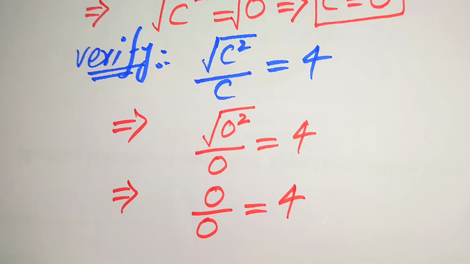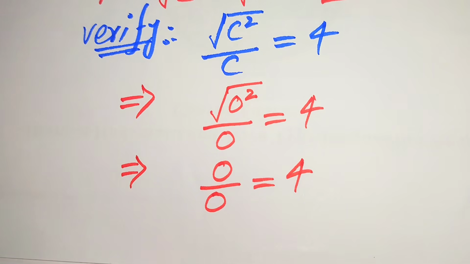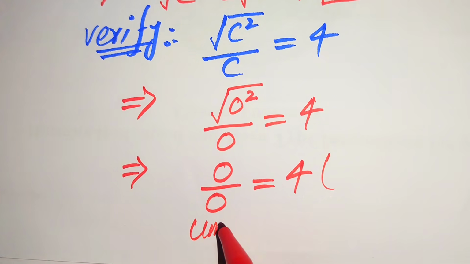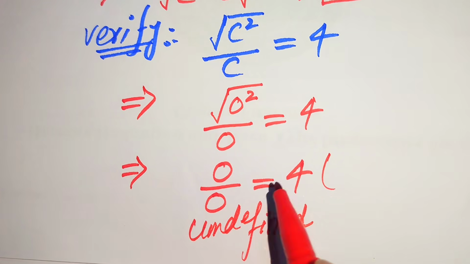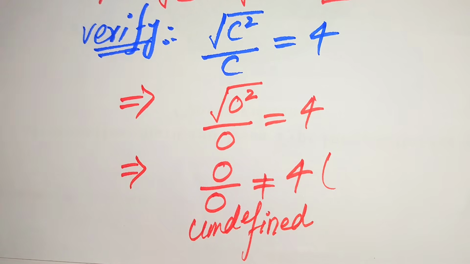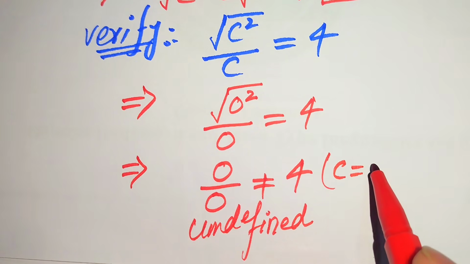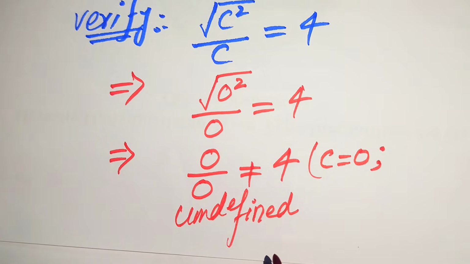This means that our left hand side becomes an indeterminate form, or in other words, our left hand side is undefined. If the left hand side is undefined, this means that both sides are not equal. And if both sides are not equal, this concludes that the value c equal to 0 does not satisfy our given question statement.